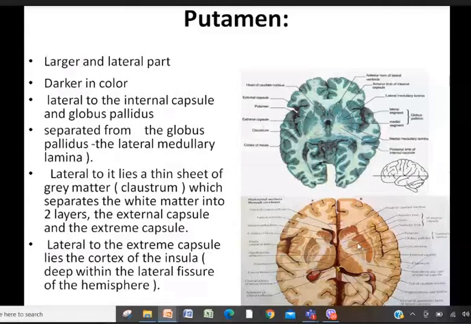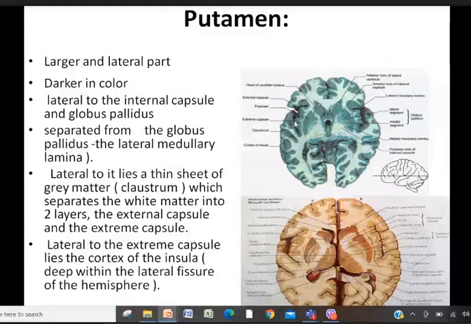This is the external medullary lamina. This is the putamen. After that, you get the external capsule, then the claustrum, and the extreme capsule. Please relate this from medial to lateral, and we'll ask you in the viva. So the claustrum divides this into the external capsule and the extreme capsule. So this is the picture.